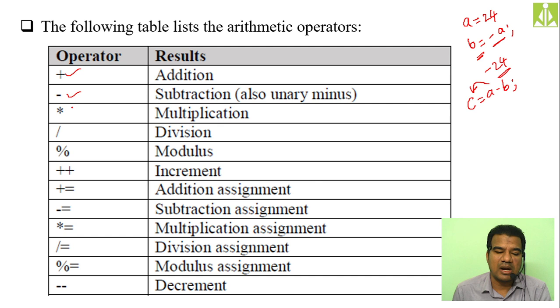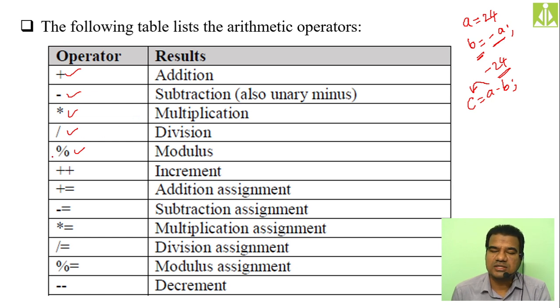Then binary multiplication. To multiply the two operand contents, we use binary multiplication. Division, to divide the content of one operand by another operand. Then modulo division, to get the remainder of a division operation, we use this modulus operator.